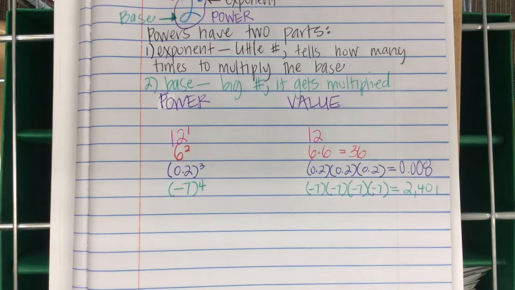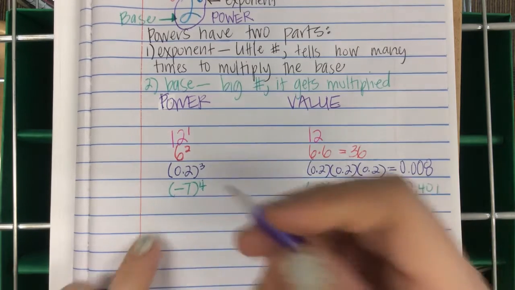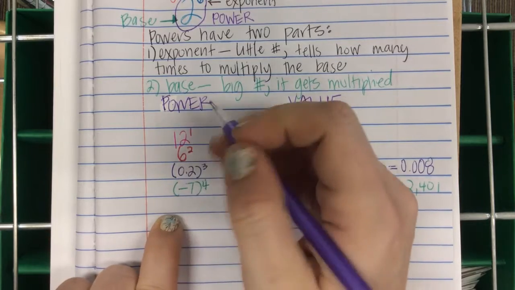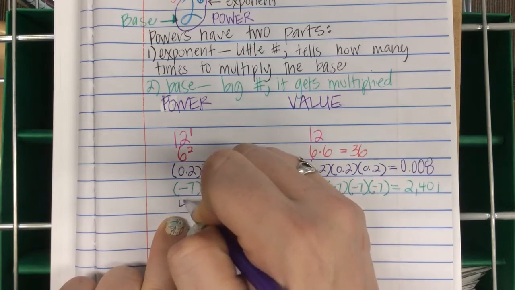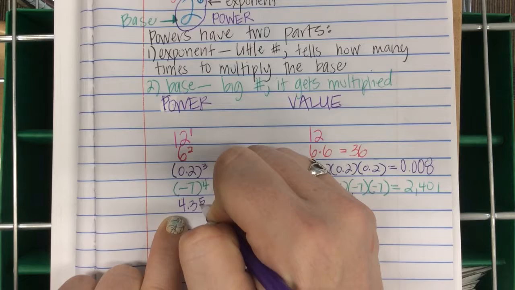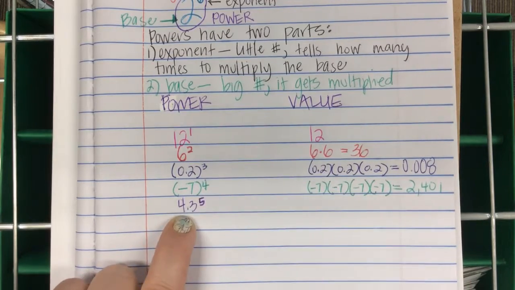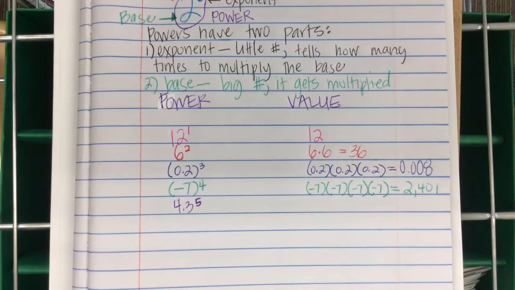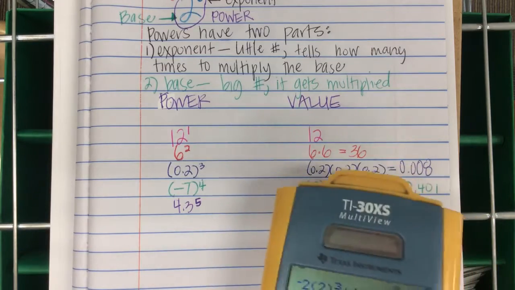And let's do one more. Two more, I lied. Let's do 4.3 to the 5th. Now I'm going to show you how to do this in your calculator if you don't want to type in 4.3 times 4.3, right? That sometimes gets a little bit big.